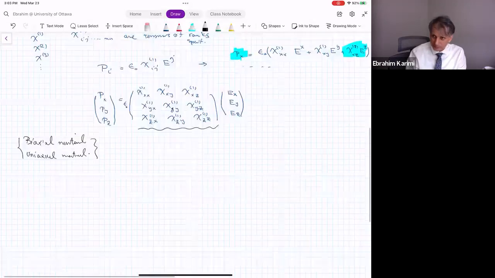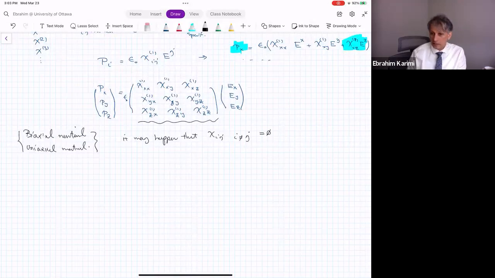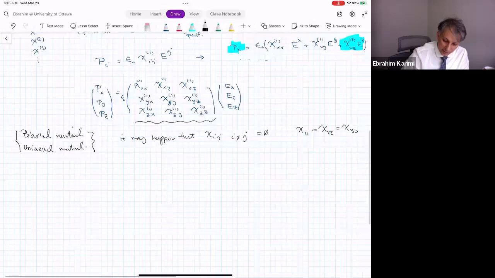It may happen, in general, that the off-diagonal terms are 0. So chi ij for i not equal to j is 0. And all other terms, which are chi 1,1, chi 2,2, chi 3,3, are equal to the same value.